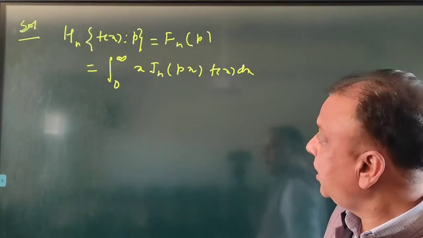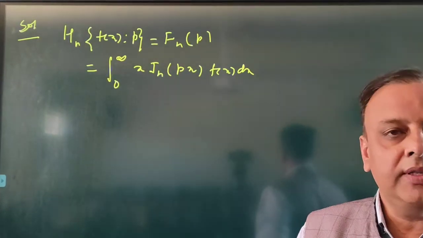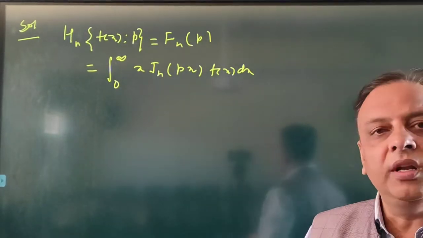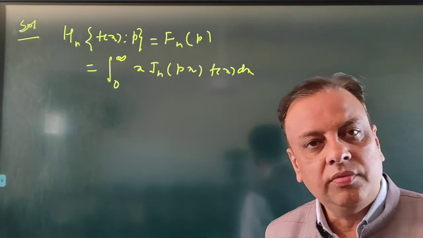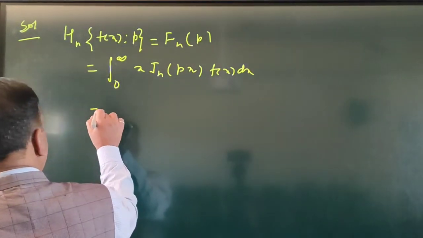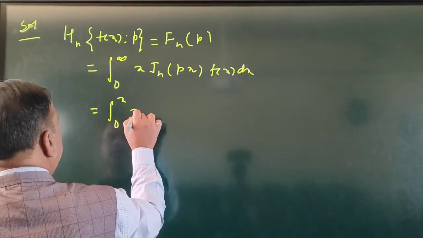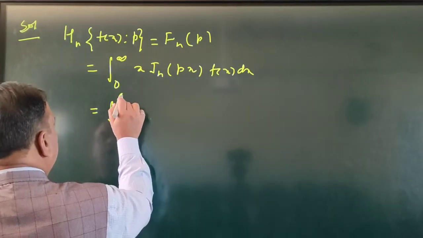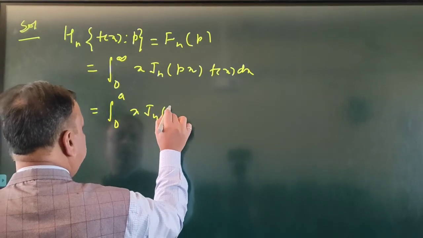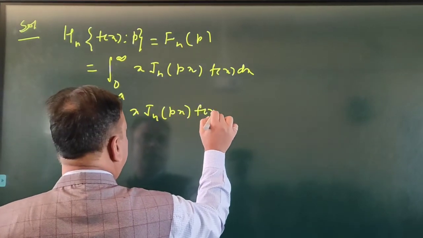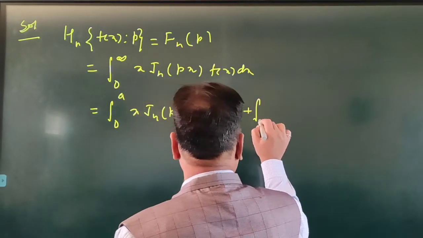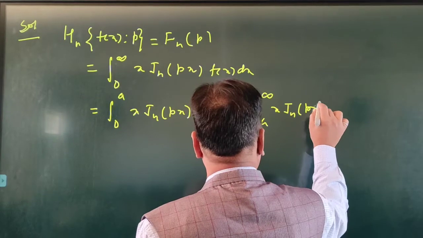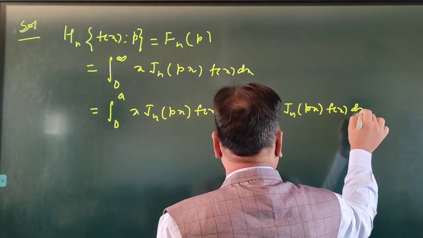As the function is defined in different intervals, first we break this integral into those intervals in which the function is defined. So this is equal to the integral from 0 to a of x J_n(px) f(x) dx, plus the integral from a to infinity of x J_n(px) f(x) dx.